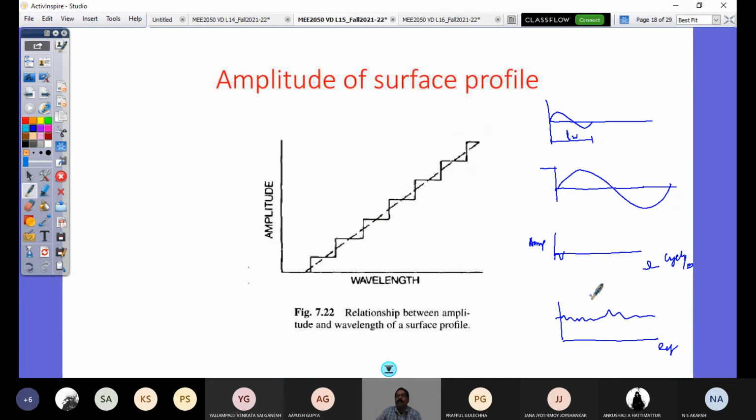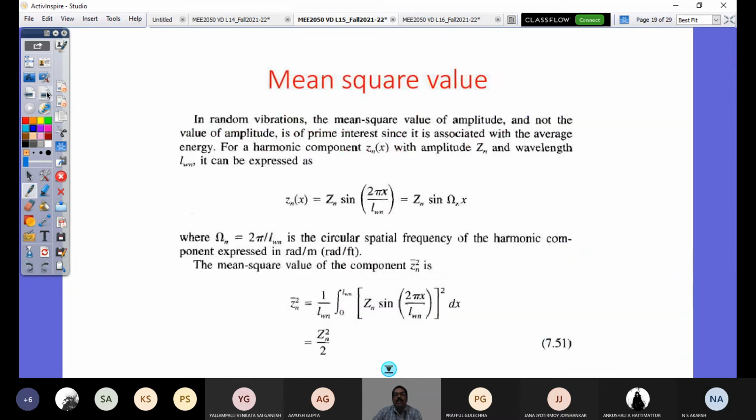But for an analysis purpose, I can decompose this all into standard waveforms with different wavelengths and amplitudes as function of circular frequency, spatial frequency. This is called a spatial frequency. There is another called a temporal frequency. We'll see that.